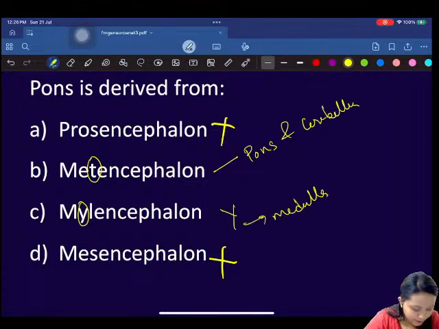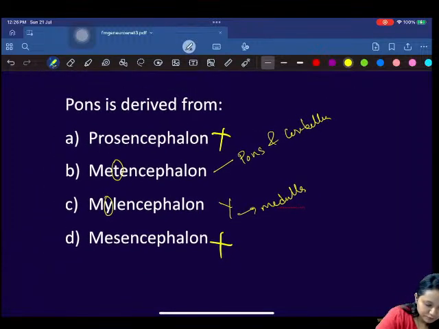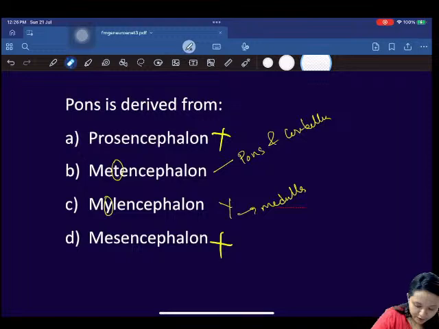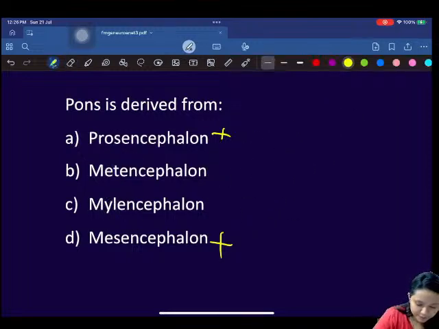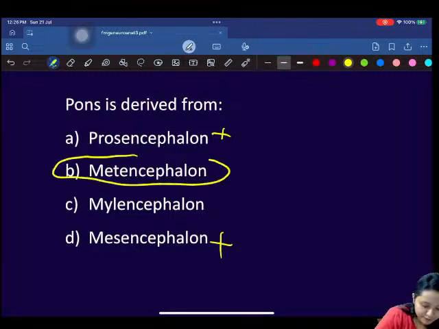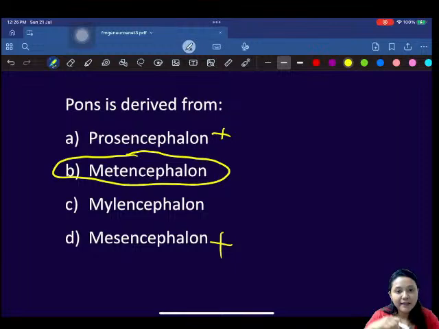If you have a Y in the M, that will be the last part of your nervous system, that is the medulla. So the answer here will be your metencephalon. Just now we have studied. Myelencephalon is the last part.